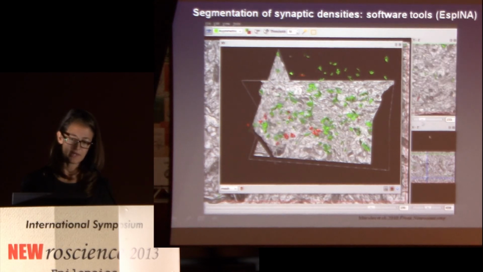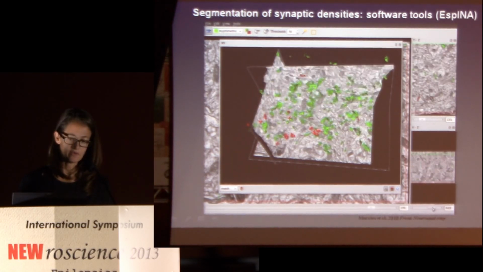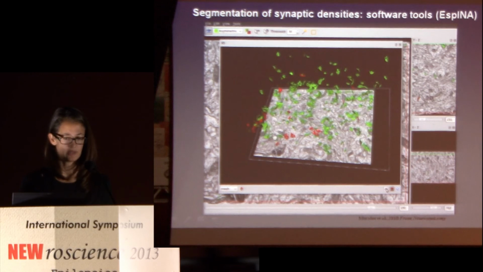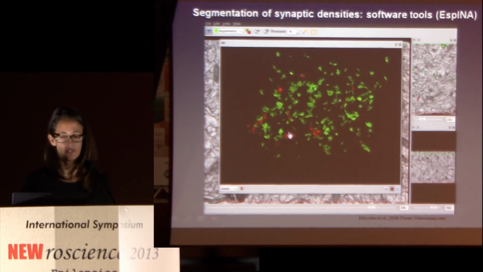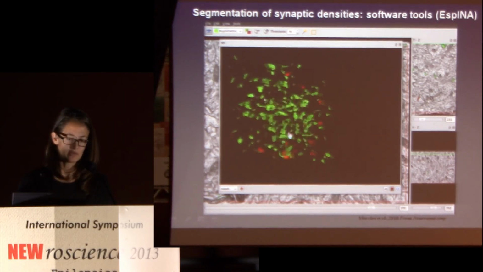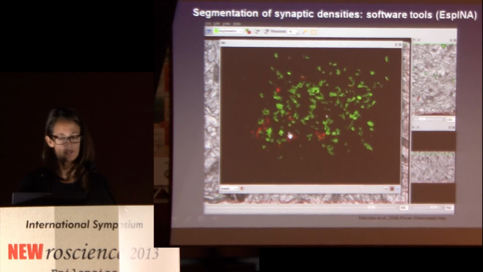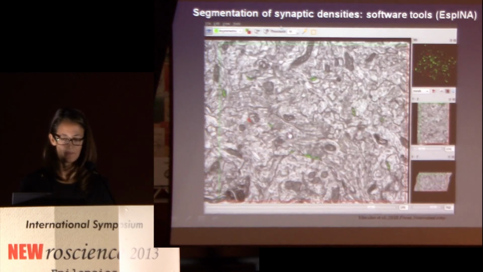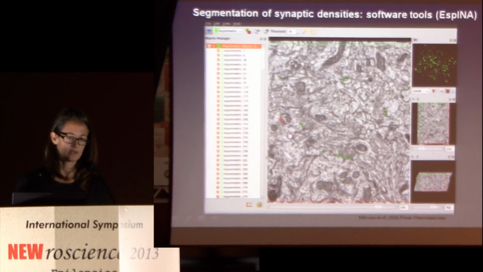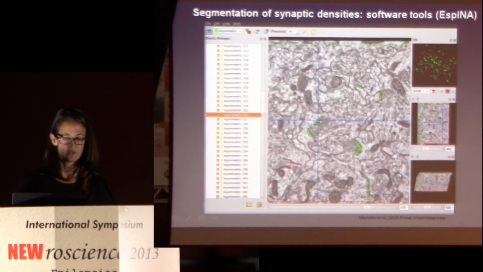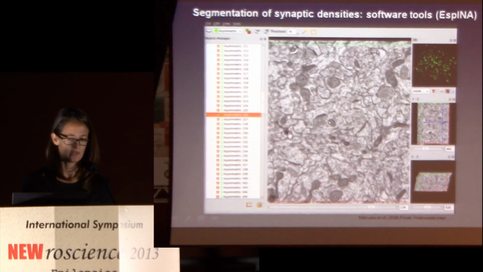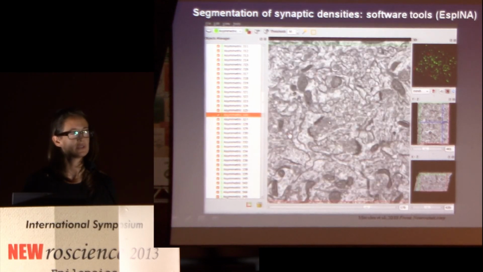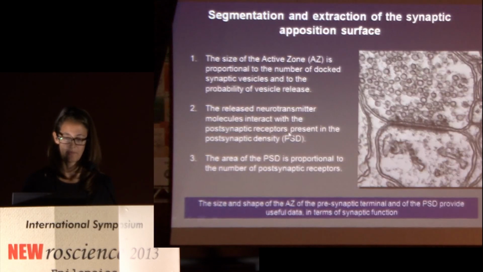We can also obtain data on every single synaptic contact. As we can see in this picture, we can distinguish perfectly which synapses are excitatory and inhibitory. In green we have the excitatory, and in red the inhibitory. This software also provides a lot of data on each synapse, like the size or the position, useful information to determine the state of the cortical circuits.